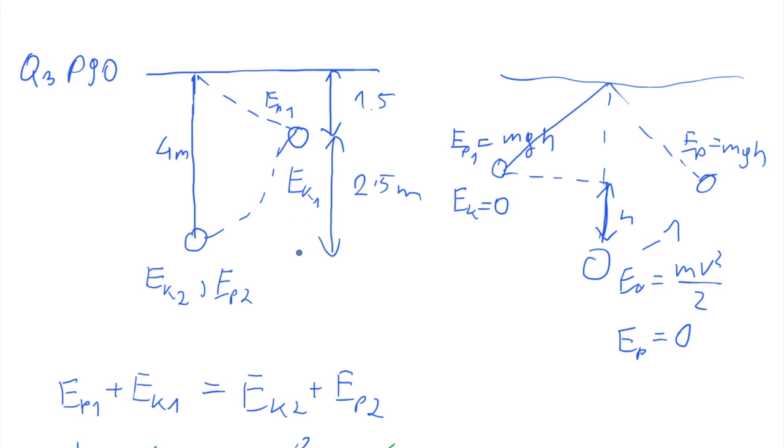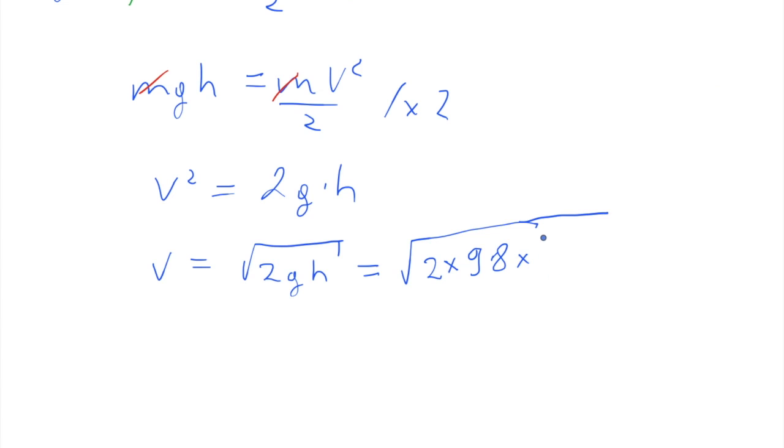It's the height at which the potential energy is calculated, so that's the mgh. That height is 1.5 meters from the ceiling, so it's 2.5 meters from the bottom of the swing. That's why I put 2.5 into the question. And if we calculate that, we'll find the speed is equal to 7 meters per second.